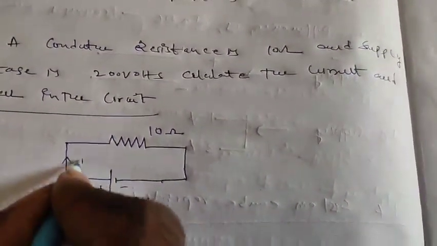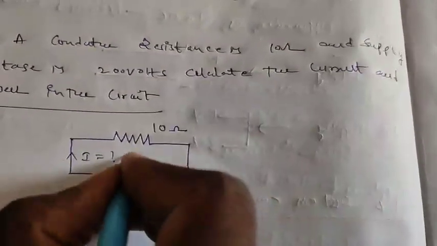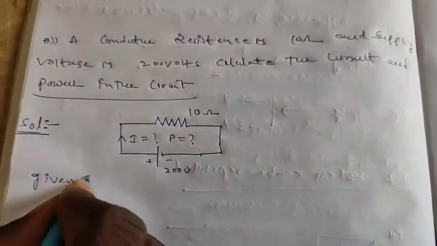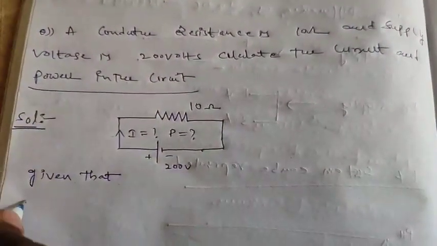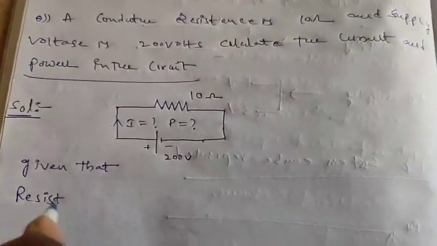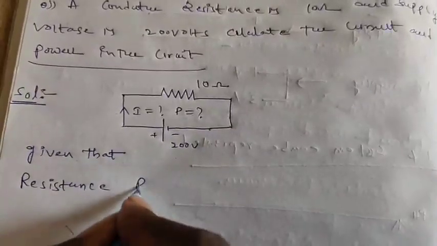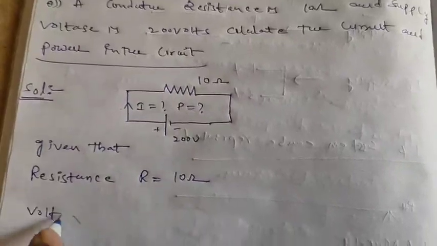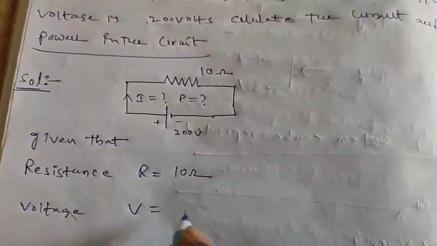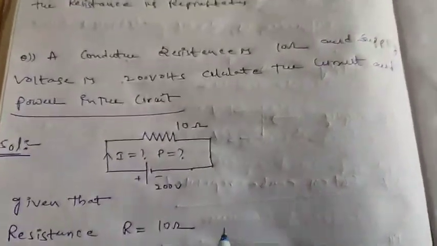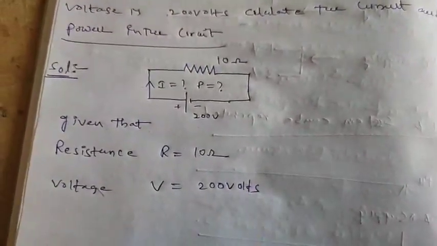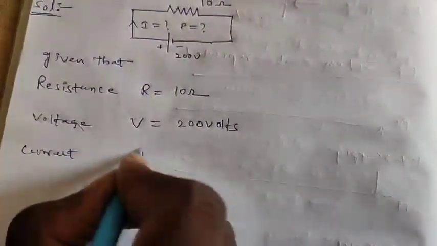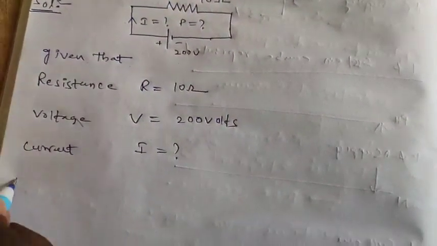What is the value of current? What is the power? Note down. Given that resistance R equals 10 ohms, voltage V equals 200 volts. Current I equals how much?